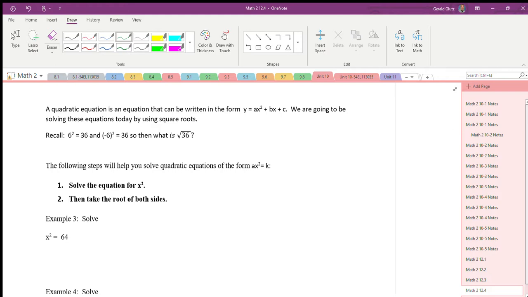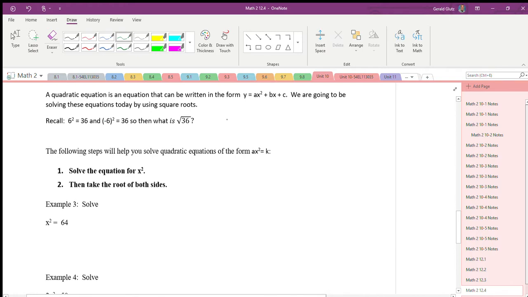So instead of solving these by graphing, another way to solve them, which I prefer because I'd rather do algebra than graphing, but maybe you don't feel the same way as me, is by doing some algebra. So notice that 6 squared is equal to 36. We've talked about this a little bit already, but also negative 6 squared is also equal to positive 36.